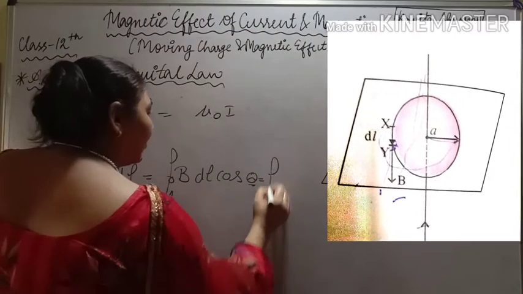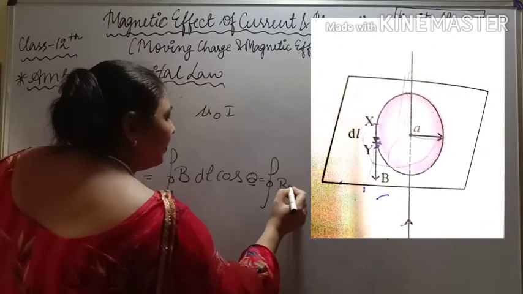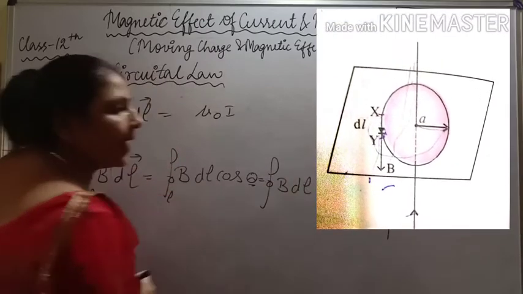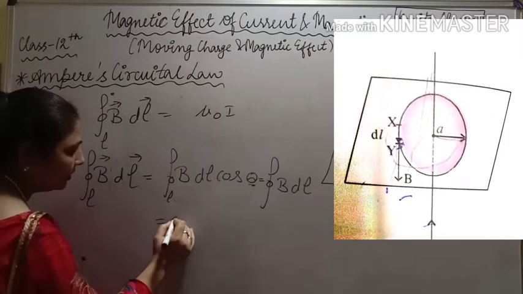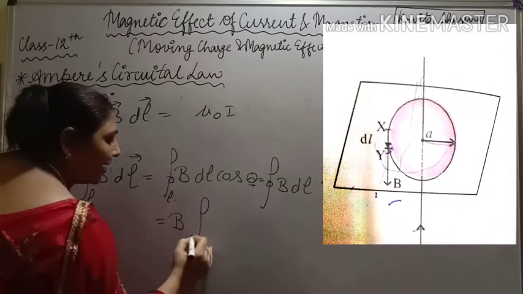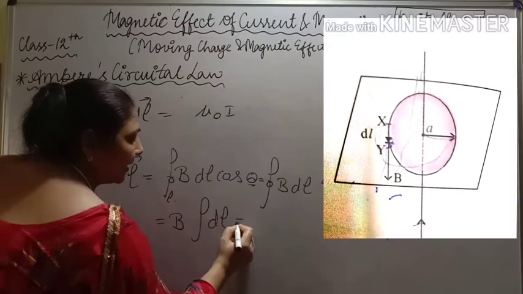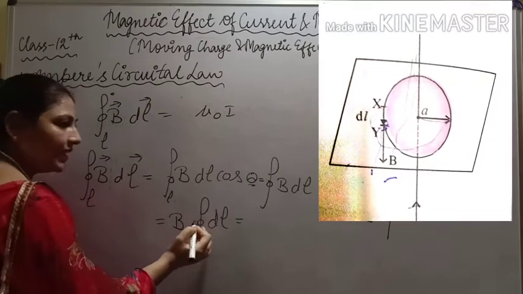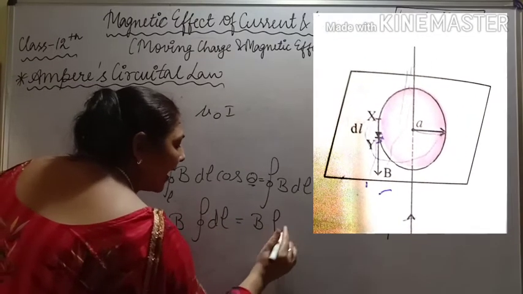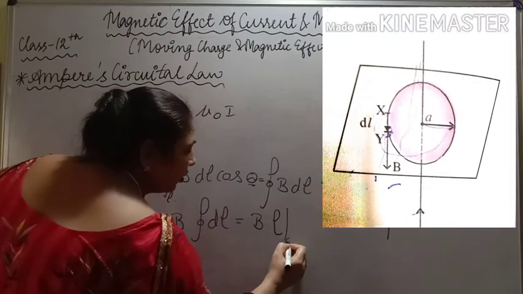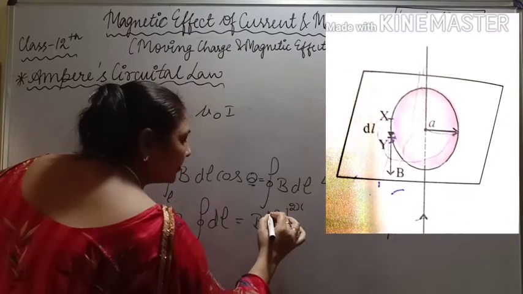So this equals the integral of B dl. Taking B outside, we have B times the line integral of dl. The integration of dl gives L, so this equals B L, with the limit from 0 to 2 pi a.